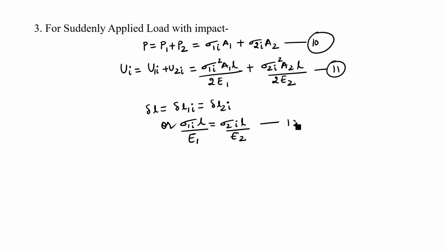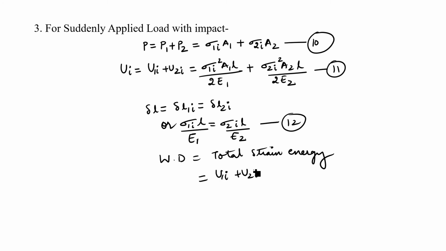Let me mark this as equation 12. Last we'll talk about the work done. Work done is equal to total strain energy. So when I talk about total strain energy, it is very simple because it is just the formula which I wrote here. So from here I'm going to directly copy. It is U1I plus U2I.